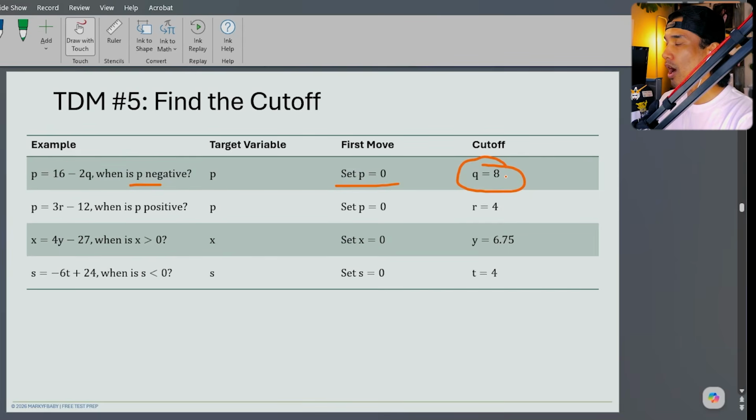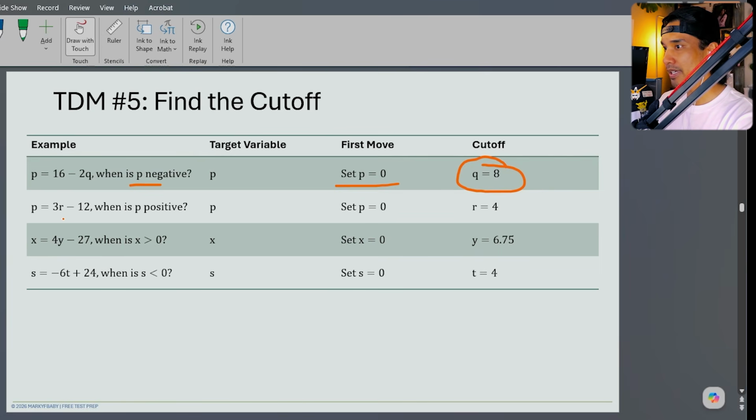In cutoff problems, we want to find out what happens above and below the cutoff. So I'm going to set Q equal to 9 and solve for P. Then I'm going to put Q equal to 7, and again see what happens to P after I simplify. That's what we're doing with the cutoff.